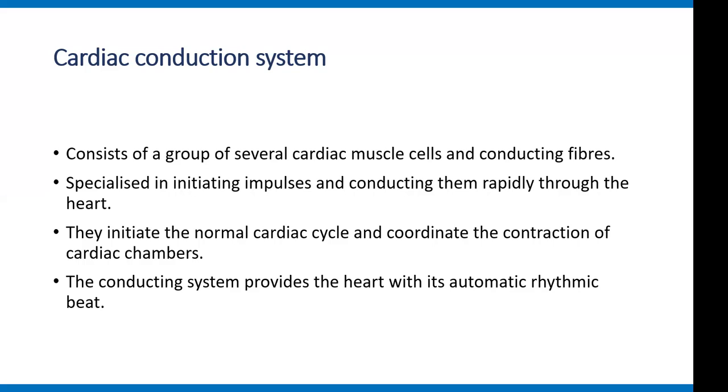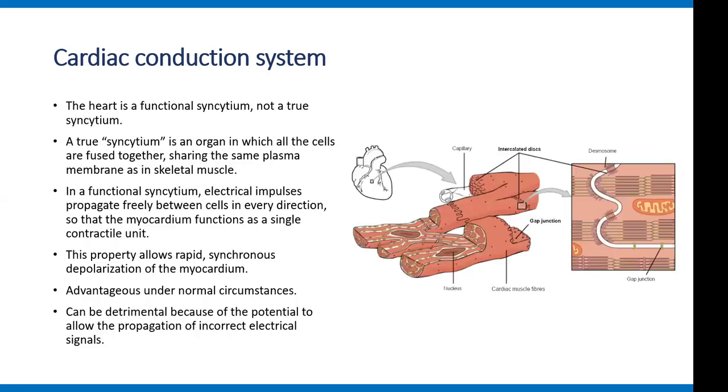The initiation and conduction happen in a well coordinated, orchestrated fashion, which leads to synchronous contraction of the cardiac fibers and the cardiac chambers involved. It is the cardiac conducting system that provides the intrinsic cardiac activity that we have.